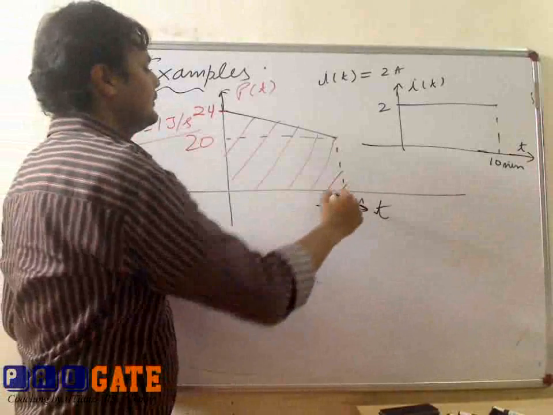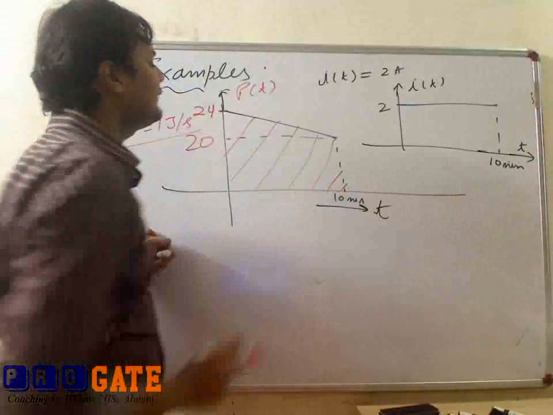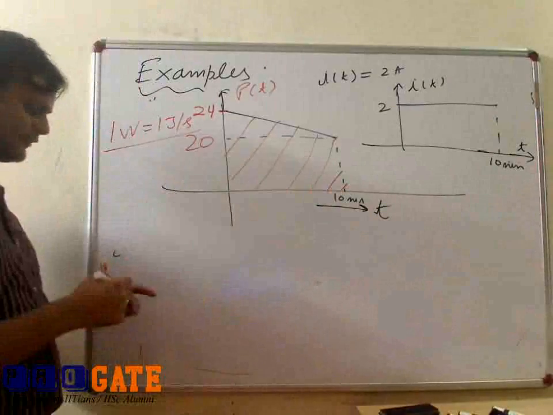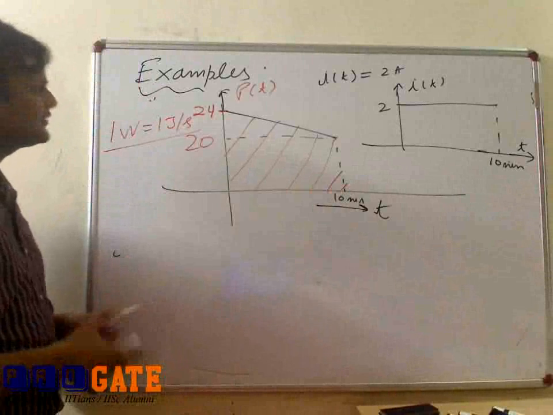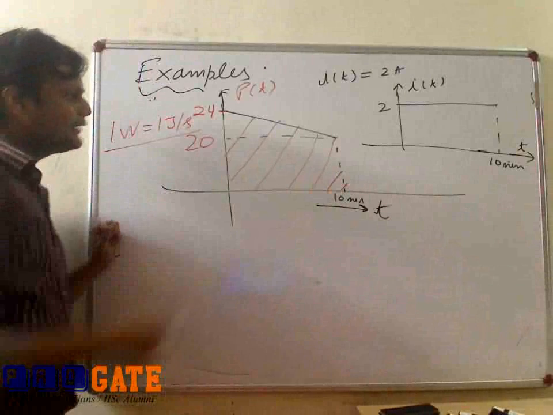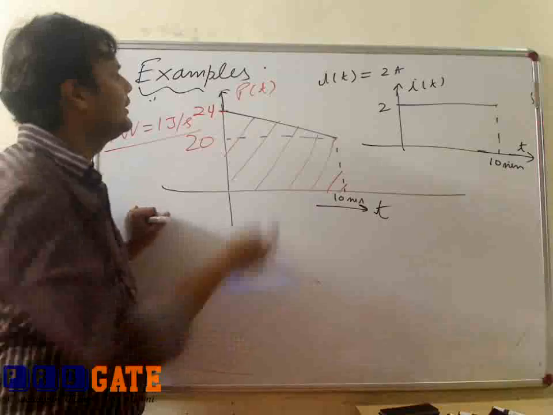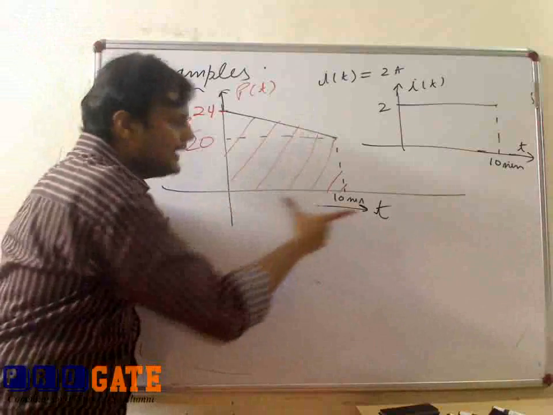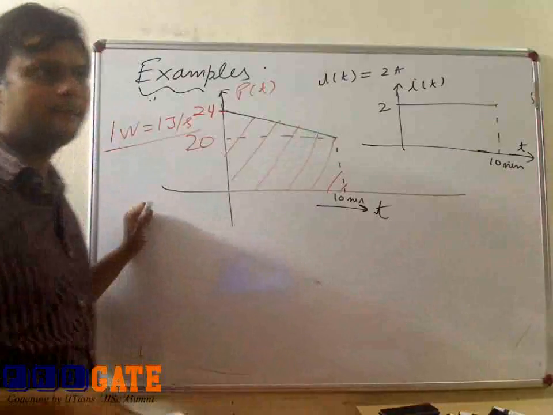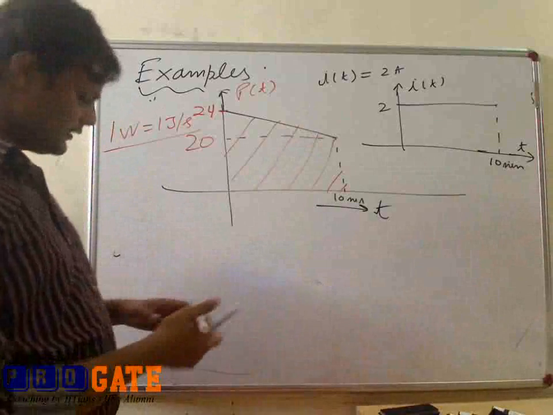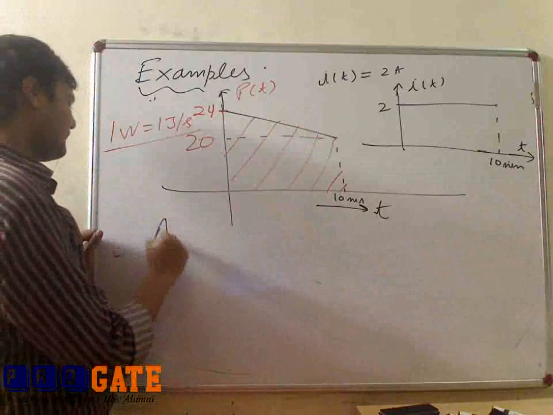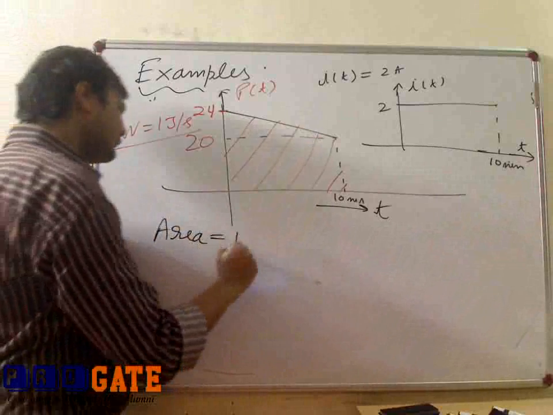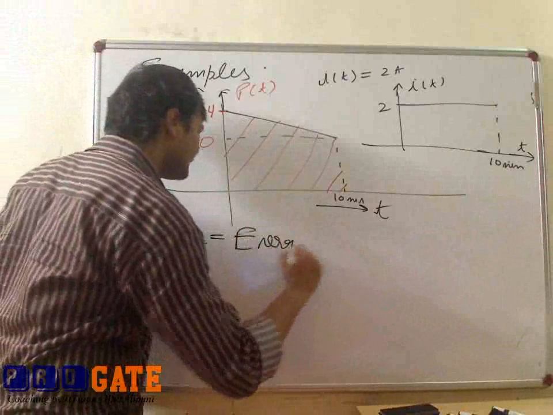So one can easily find the area of this curve. If I am calculating the area of this curve, I am multiplying the time by the power, so I will get energy. So the area of this curve will be equal to the energy supplied by the source.